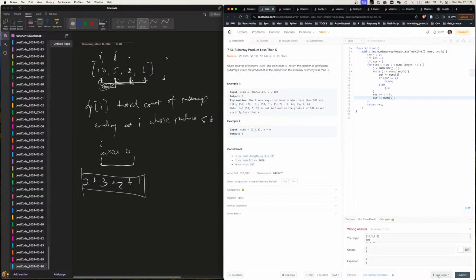Which is good. J++. Not really. J right now is pointing to 2, but I already did 2. Ooh, so I already did 2. So we're duplicating.